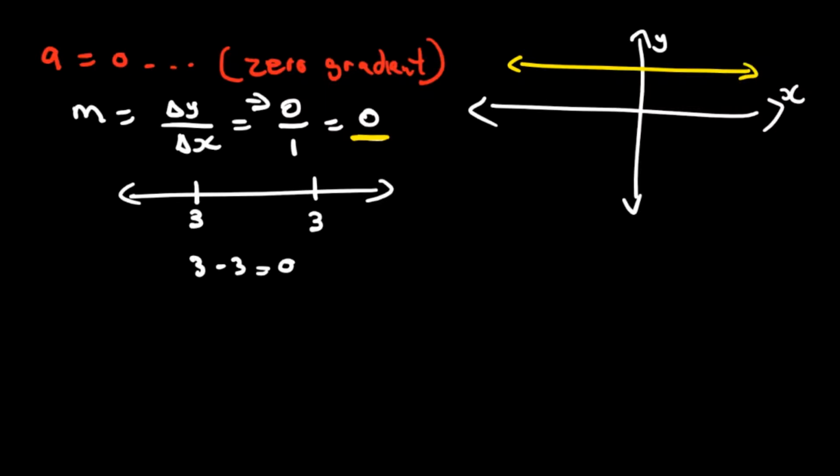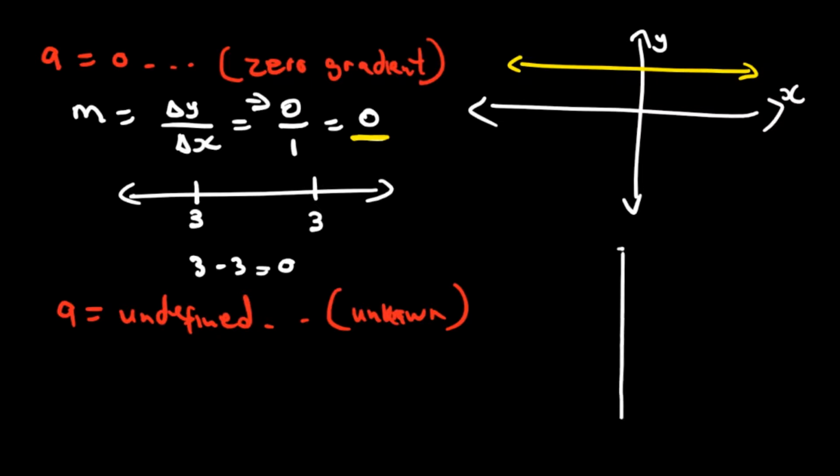So let's say now your gradient is undefined. So basically it's unknown. Unknown, right? So you can't really define it. So it means that your function will lie in the x-axis.